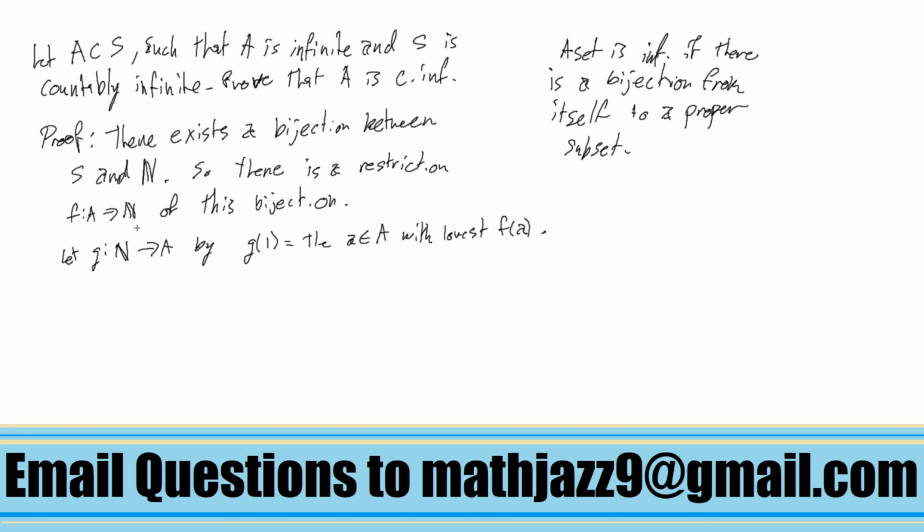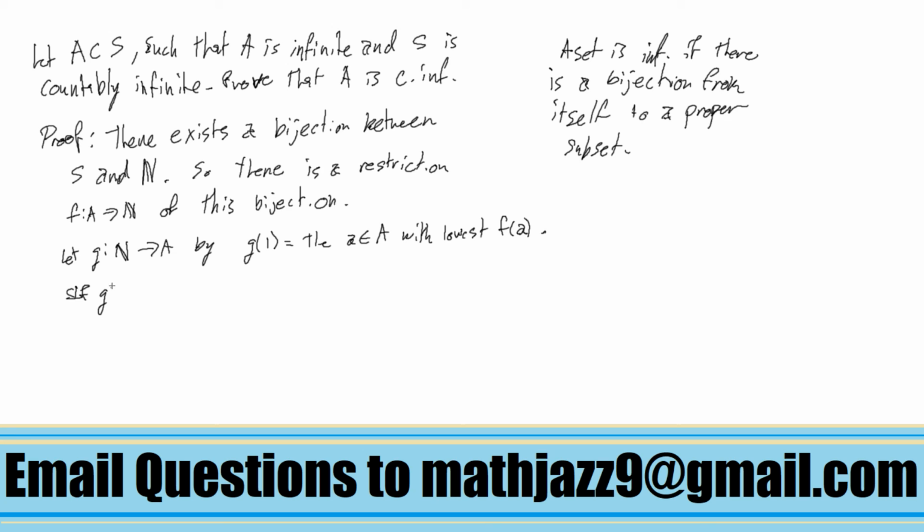That means that whenever you have a set of natural numbers, you have a lowest element. So if we look at all of the objects in A, we take f of them, we have a collection of natural numbers. That means we have a lowest one. G1 is going to be the A that has the lowest.